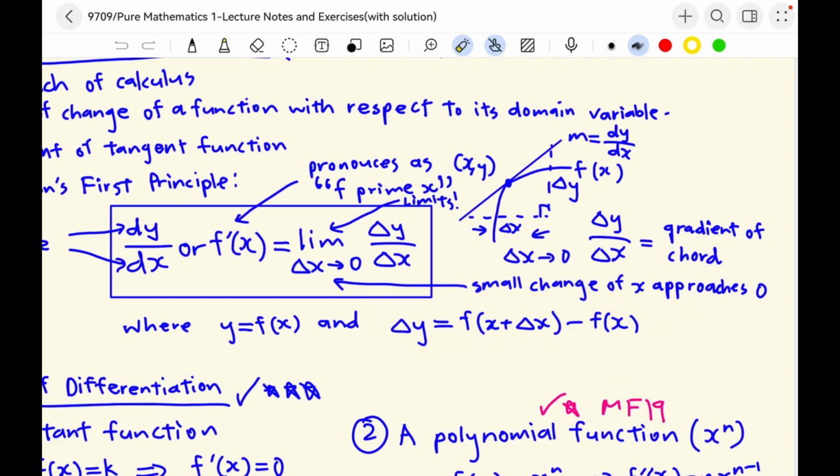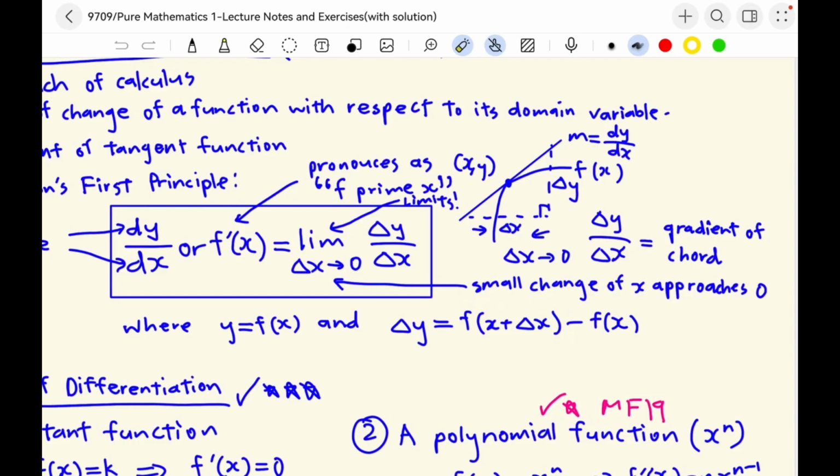Okay, which each has the small change of x as well as the small change of y, where the small change of y is the fx, where its object is replaced by x plus change of x.